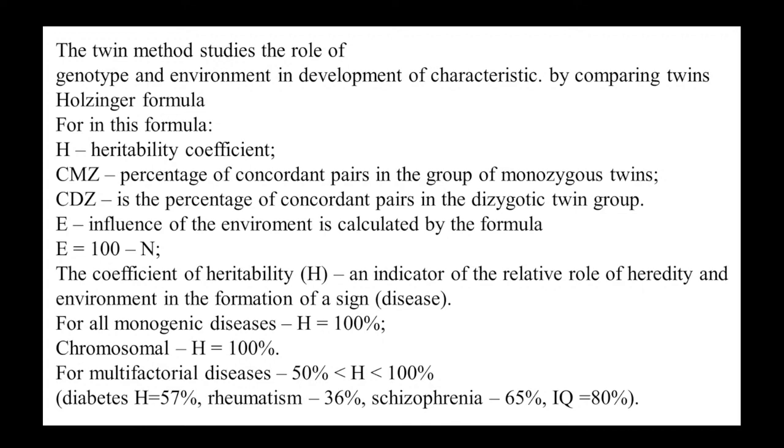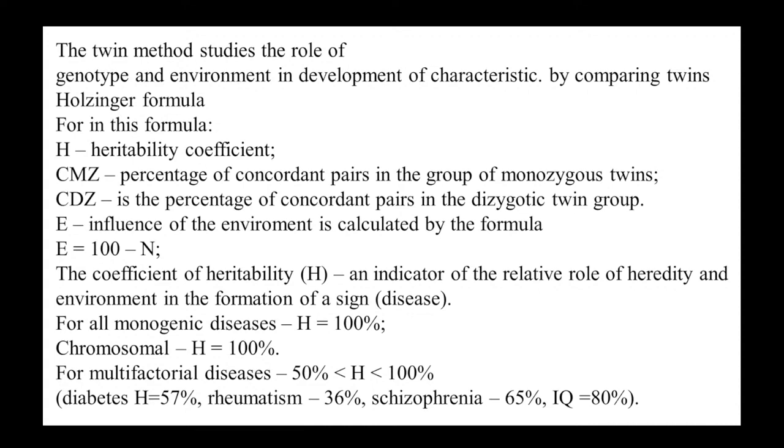For multifactorial diseases, for chromosomal diseases and for monogenic diseases, where H should be near 100%, it shows that inheritance plays the main role in the development of these characteristics.